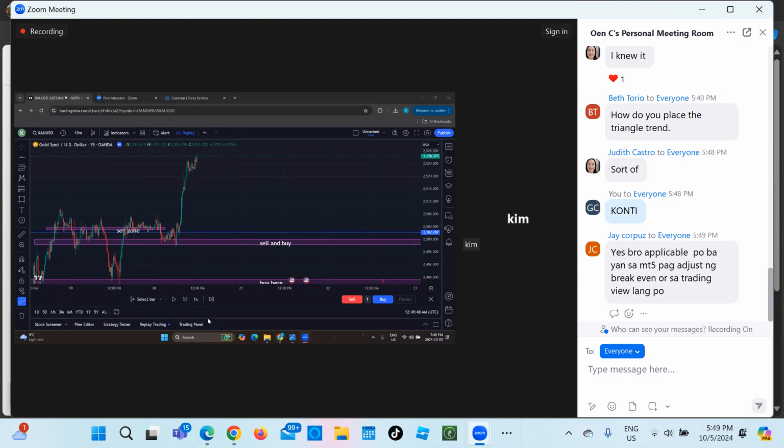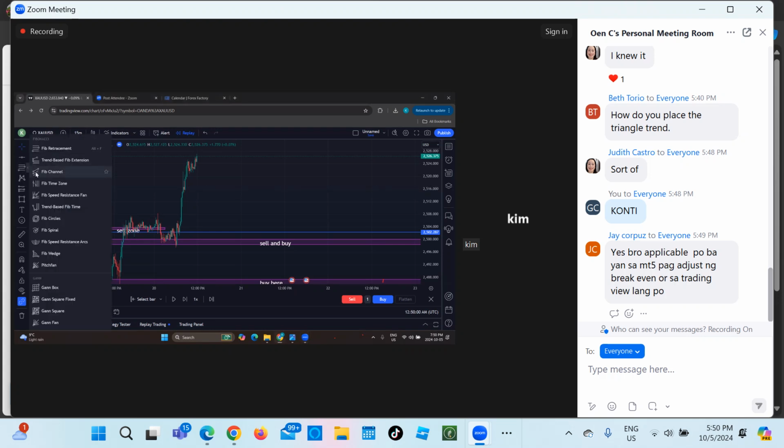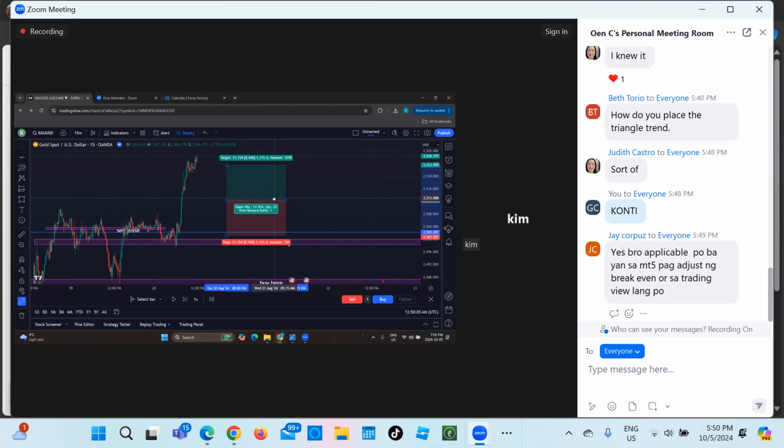Yes, bro. Is adjusting stop loss or break even applicable in MT5, or only on TradingView? You can do it in MT5. This is what I'm saying about a long position. When I say break even, your stop loss is removed as a risk. So you would adjust your stop loss around this area and this area.